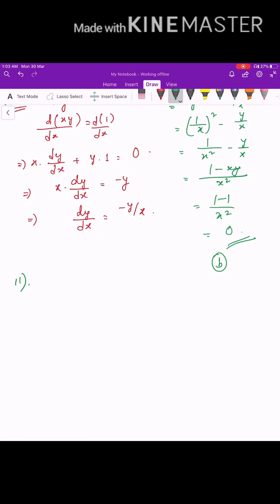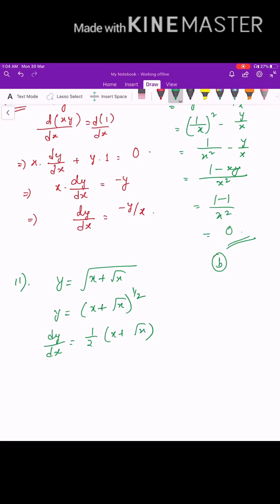Question number 11. Find the derivative of the function under root of x plus root x. So this can be rewritten as x plus x root x to the power half. So dy by dx, x to the power n into x to the power n minus 1.